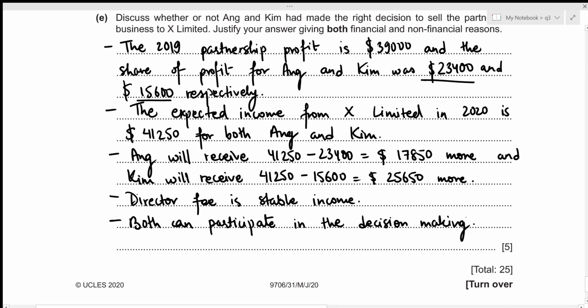Okay, so based on these factors, we now have to decide whether or not Ang and Kim had made the right decision to sell the partnership business to X Limited. So I would say that they made the perfect decision because they are increasing their income without losing the power in decision making, right? So let's write the decision clearly.